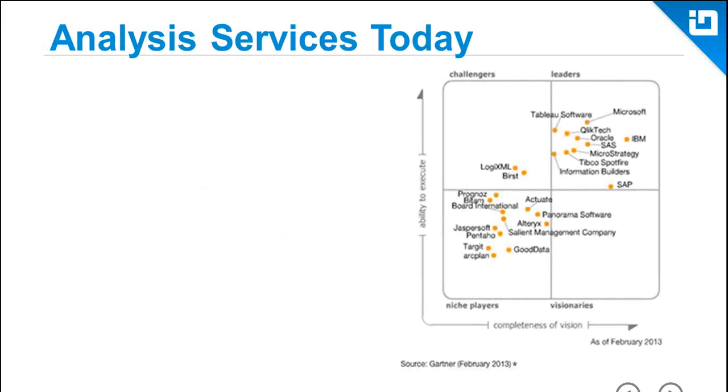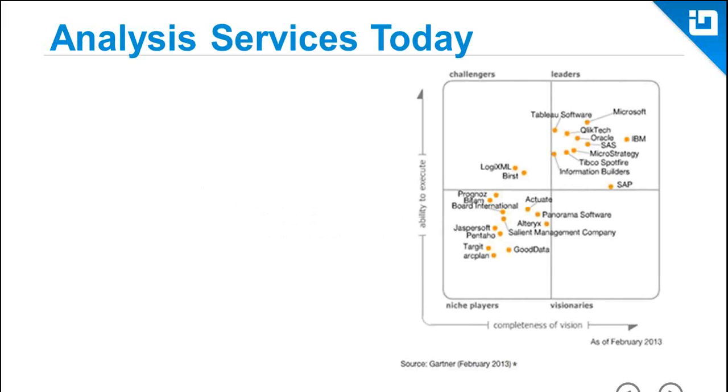Oracle also acquired Hyperion a few years back, and to my honor, I have also worked for Hyperion earlier. Hyperion has a nice product called Essbase, which is a multidimensional database, and then Oracle acquired it. These are the top leaders in the market. Then you can see that there are many niche players.